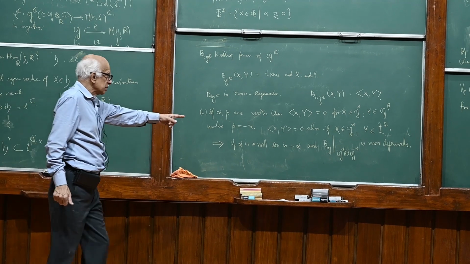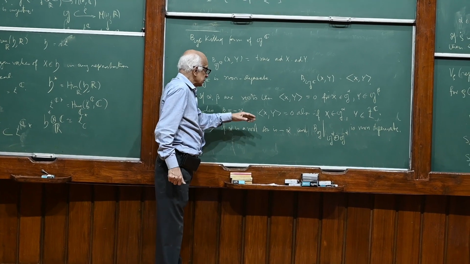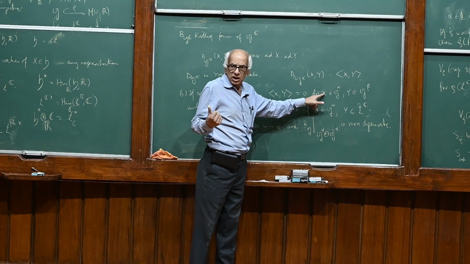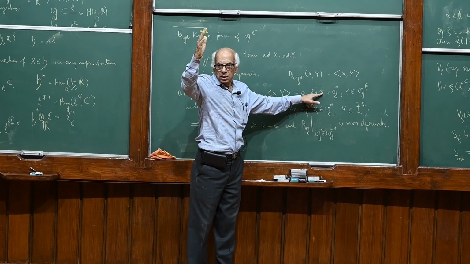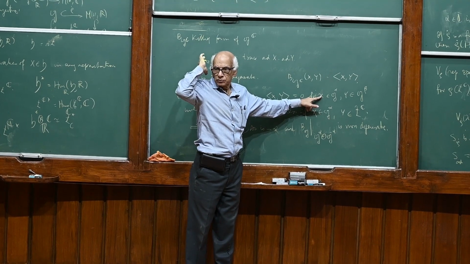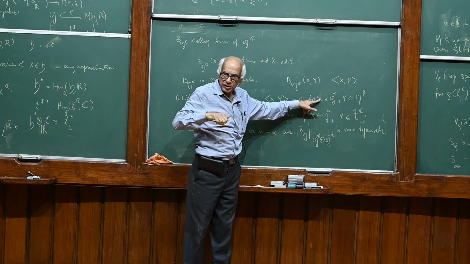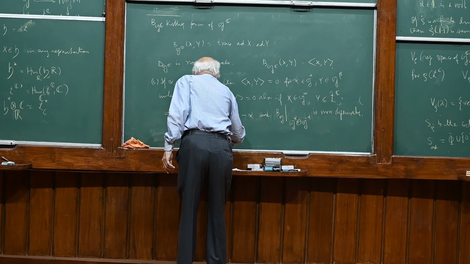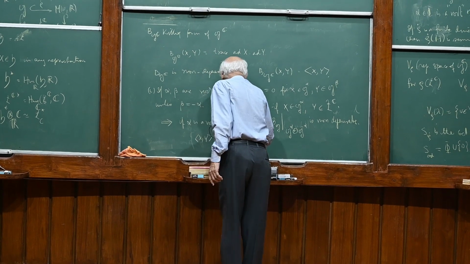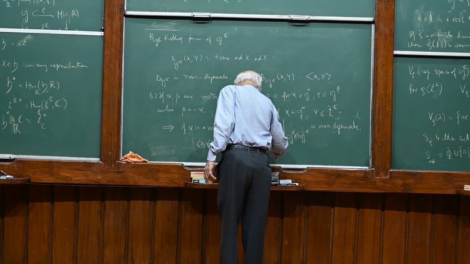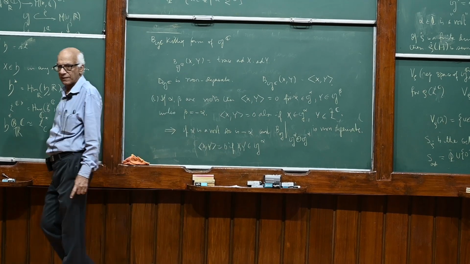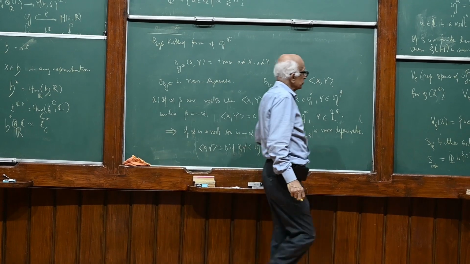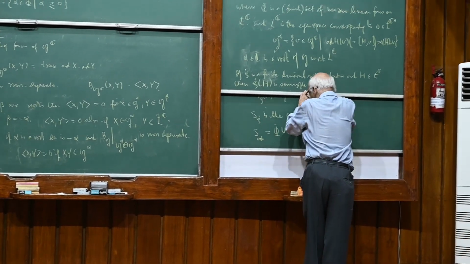That is clear from this fact: the form is not degenerate. If you look at g_alpha, an element X is orthogonal to itself. Notice that (X,Y) is 0 if both X and Y are in g_alpha. So that's the first statement.